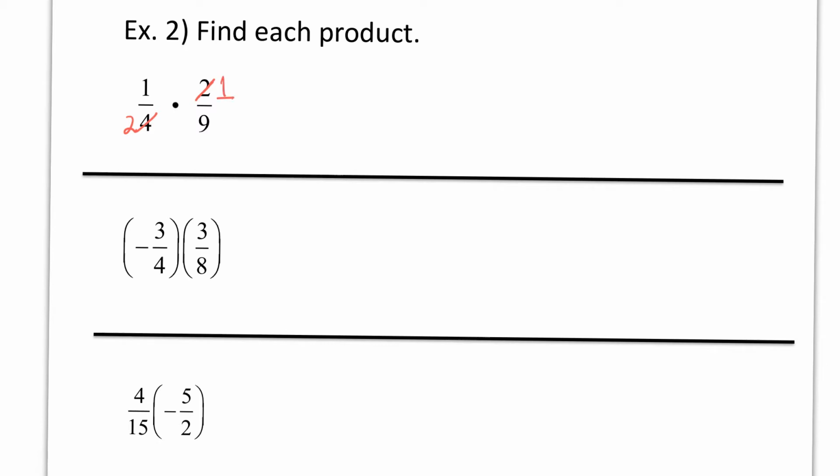So now you look at the next two numbers, 1 and 9. Nope, you cannot reduce. So you follow the rules. You multiply the integers. So I'm going to multiply the top. I will multiply 1 times 1. That's 1. I multiply the bottom, 2 times 9. That is 18. And guess what?